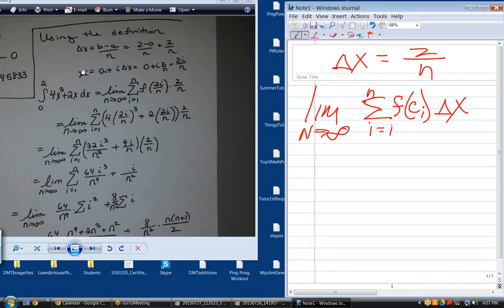Well, according to this, the second thing they figure out is what is x sub I, which is the same thing as c sub I. This teacher uses x sub I, my book uses c sub I, but it means the same thing. It means some point in the ith interval. And in fact, for this one, they're not using just some point, they're using the right-hand end point.